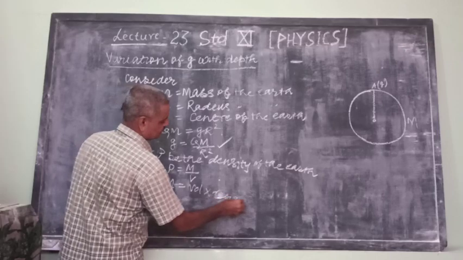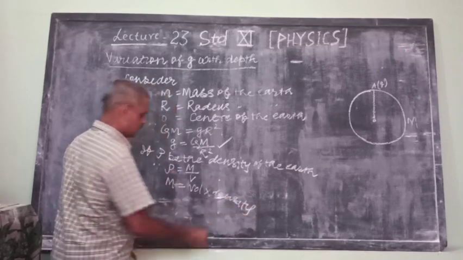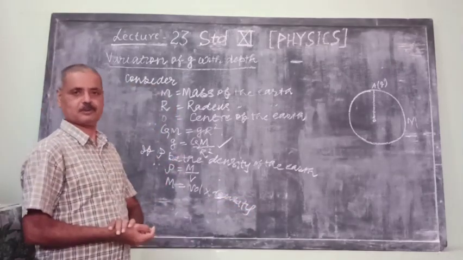Volume into density, this is the value of mass of the earth.